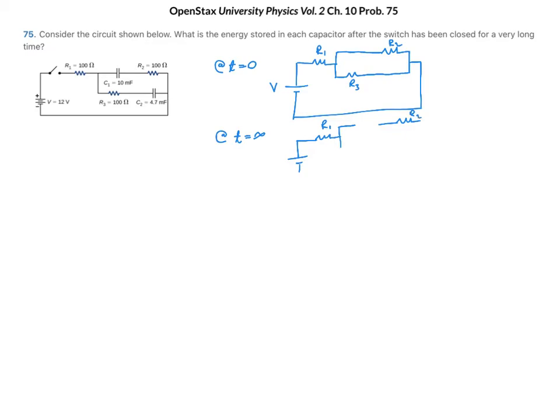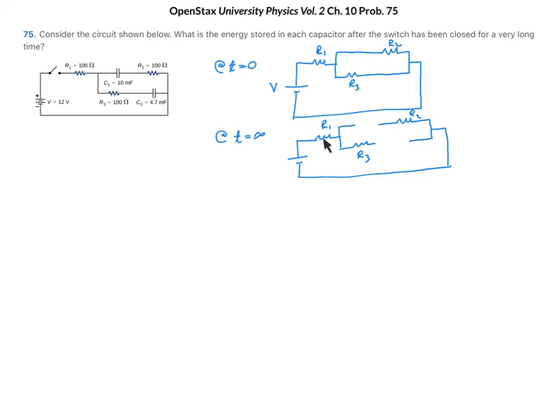So this would be R2, this is R3, and again, the capacitor acts as a broken wire. It doesn't let current go through anymore, and we end up with this circuit. Now, if we follow the current, it goes through this point, and then there's a broken wire there, there's a broken wire there. There is no closed loop here for the current to go through.